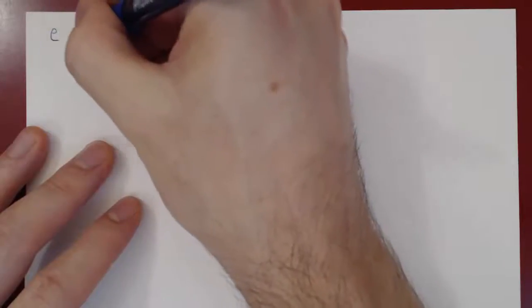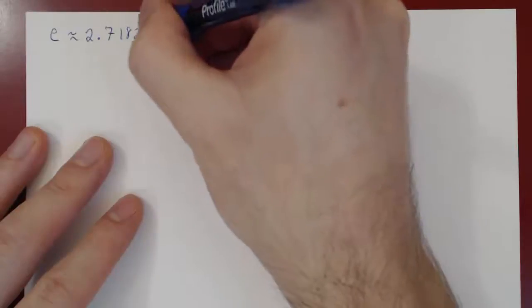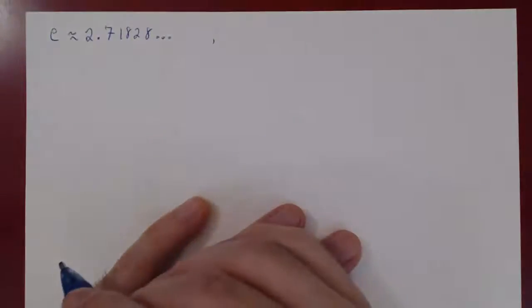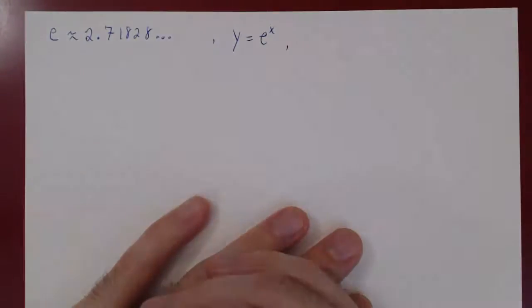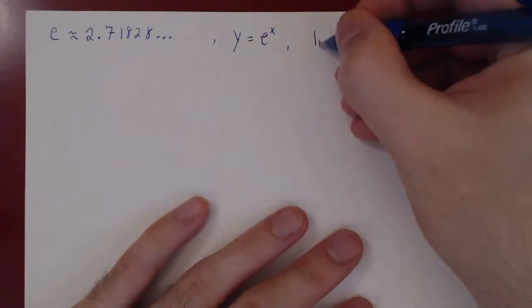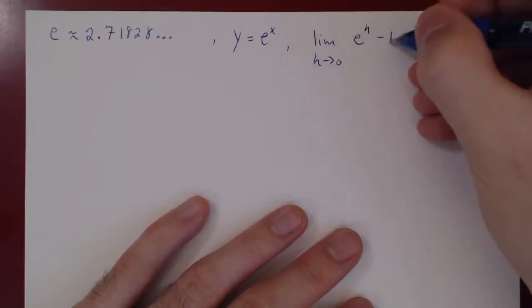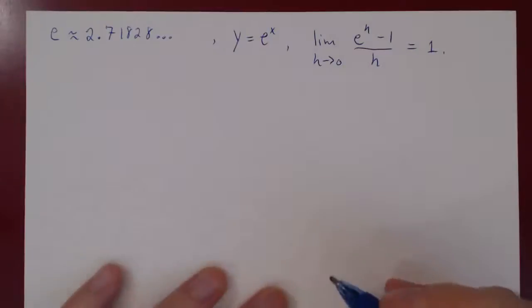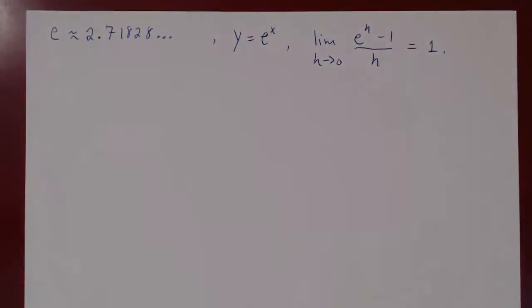We have this bizarre irrational number, approximately 2.71828..., and the way we chose it is so that the function y equals e to the x has a slope of exactly 1 at x equals 0. Hence the limit as h approaches 0 of e to the h minus 1 over h is exactly equal to 1. And with this limit, we can now find the derivative of this function for any value of x.